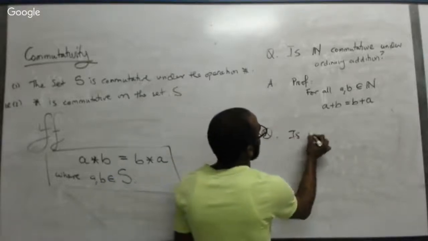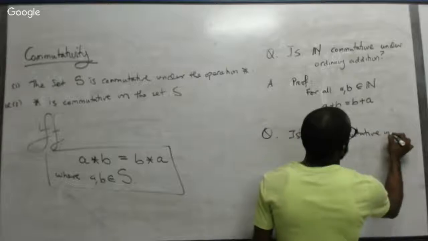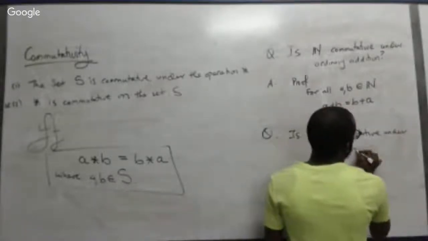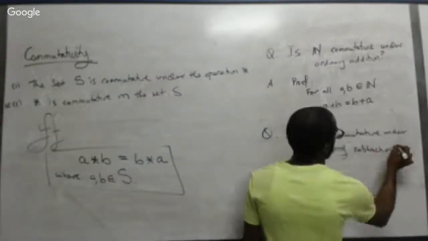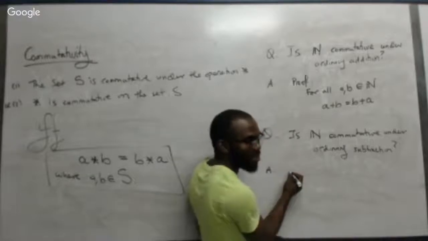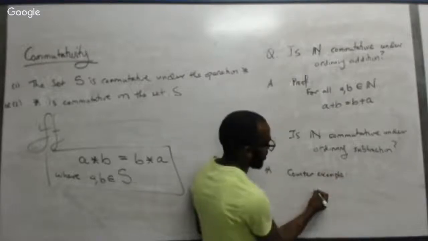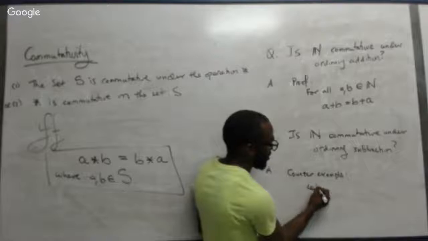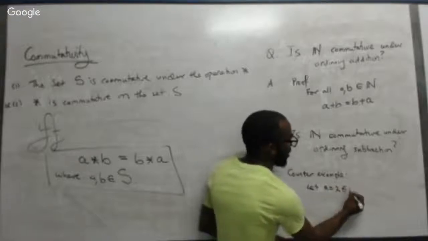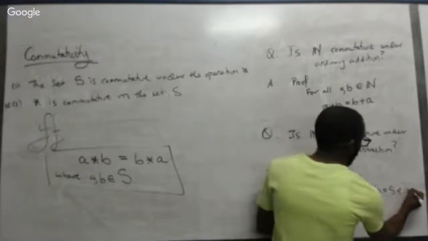Question again. Is the natural set commutative under ordinary subtraction? No. Right? Because I can produce a counterexample. Let A equal 2, a natural number, that's clear, and B equal 5, a natural number.